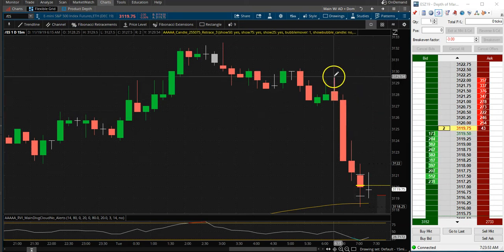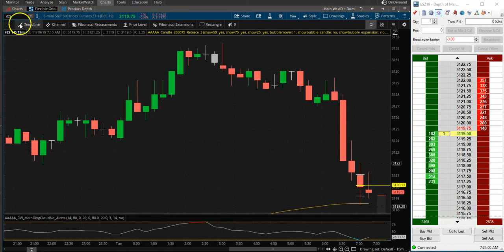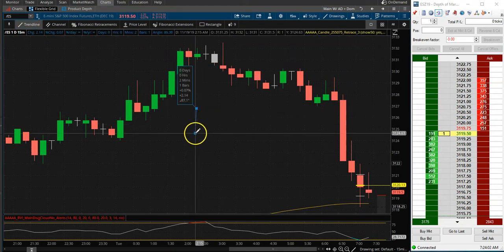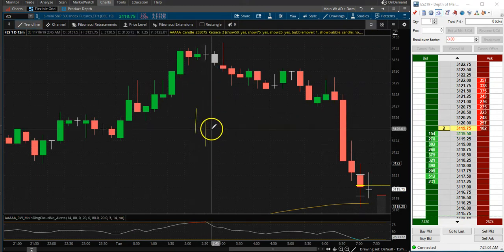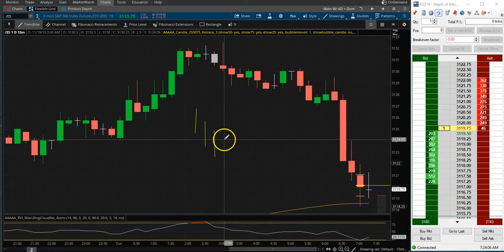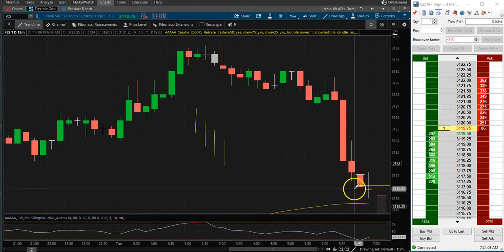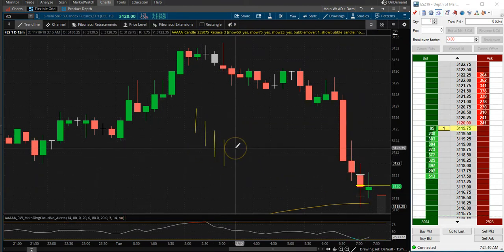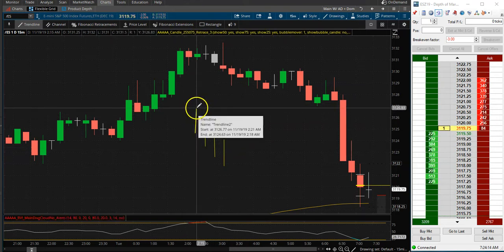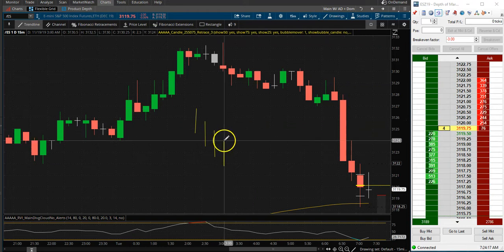So right now, we actually have a waterfall forming, and a waterfall essentially is just this, where we have a series of lower highs while we're moving lower in the market. That's it. I also call this the stair step trade because it's kind of like you're walking down the stairs.